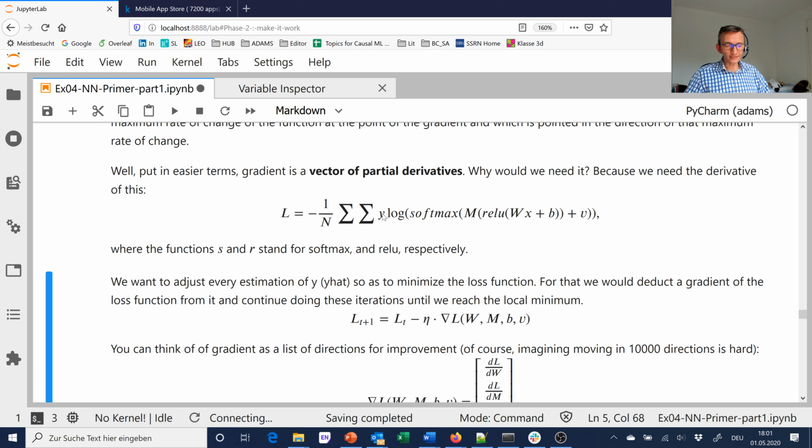And our forecast is the result of applying softmax to the output layer inputs, which we calculate by using the hidden to output layer weights M and multiplying these with our latent features, the hidden layer output, and adding a bias plus V, where the hidden layer output comes from using a ReLU activation and applying that to the hidden layer input, which is basically W times X plus bias.